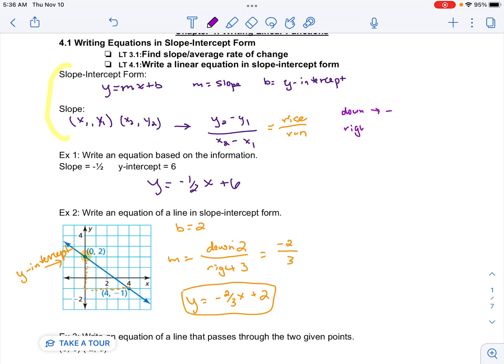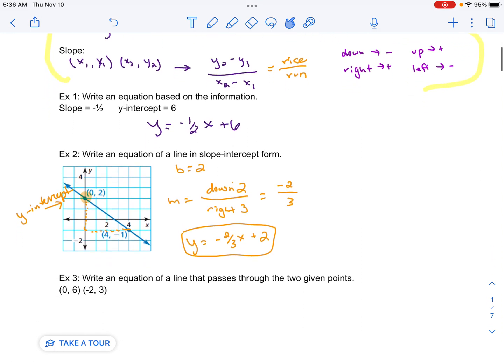If we have right, that's positive. If we have up, that's a positive. If we have left, that's a negative. So once again, I would have all of this information written down on your frame. Take a little bit of time to write this down. If you need to pause the video, go for it.